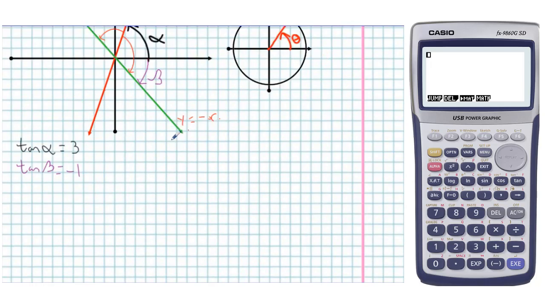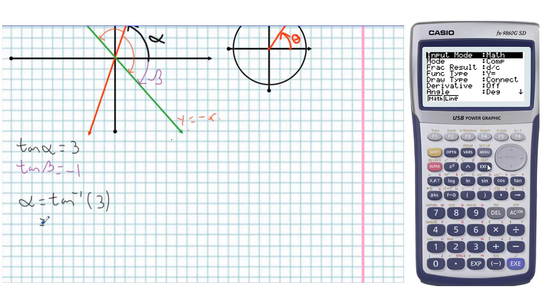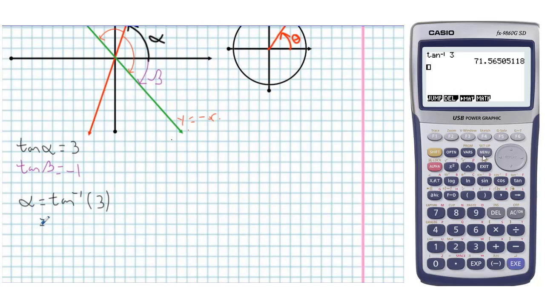So using this information, alpha equals inverse tan of 3. Make sure you're in degree mode. We are in degree mode, so that's good. So we want inverse tan of 3. So alpha is 71.6 degrees.